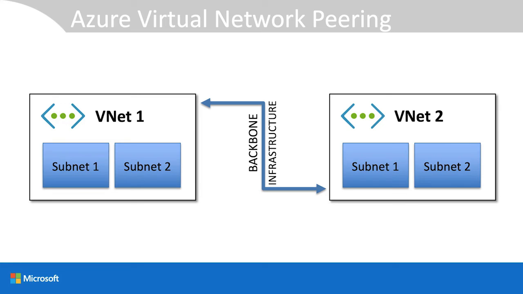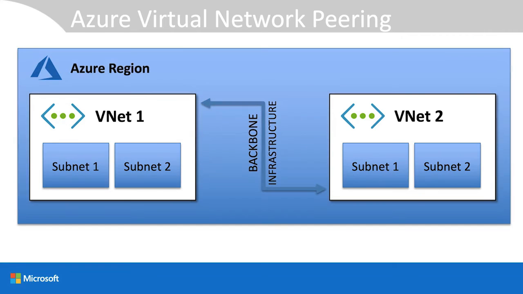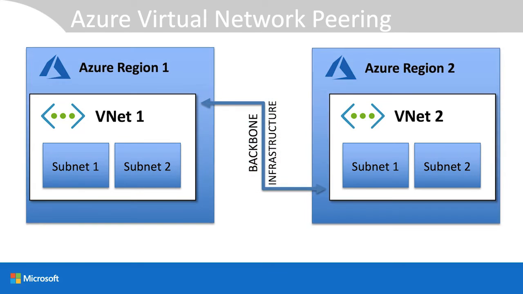In fact, using VNet peering, the latency between two VMs in two different VNets is the same as if those VMs were in the same VNet. Virtual network peering connects VNets that are in the same Azure region, but you can also connect VNets that are in separate Azure regions using global peering.